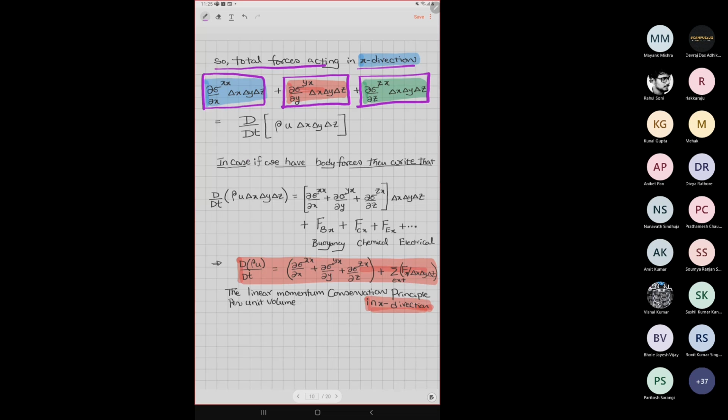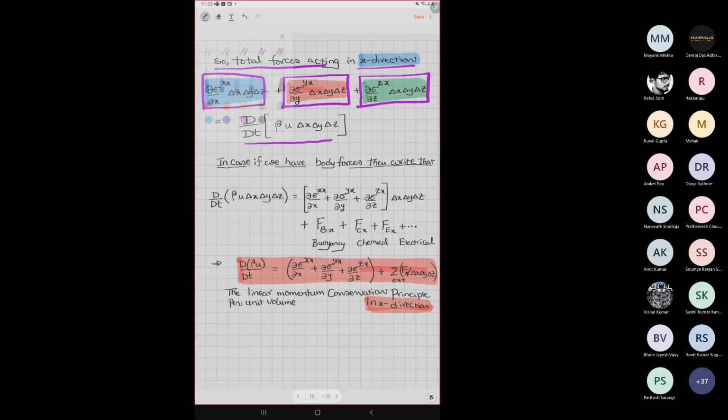This is the total surface force acting on the material. According to Newton's second law, that total surface force is supposed to give us mass multiplied by acceleration, the rate of change of momentum.